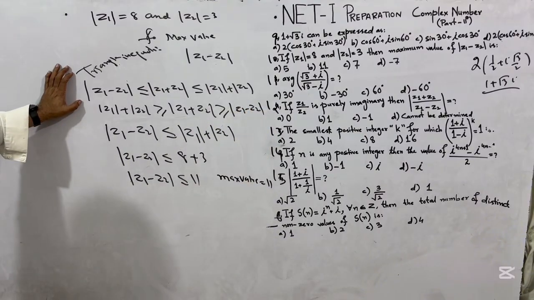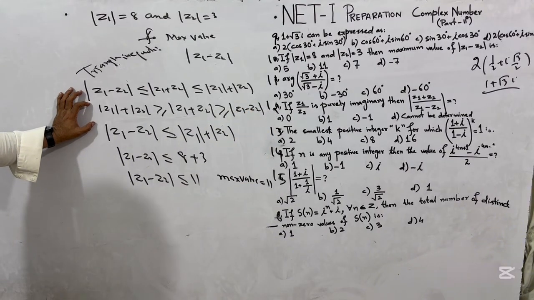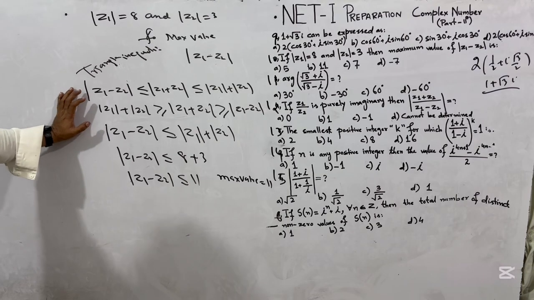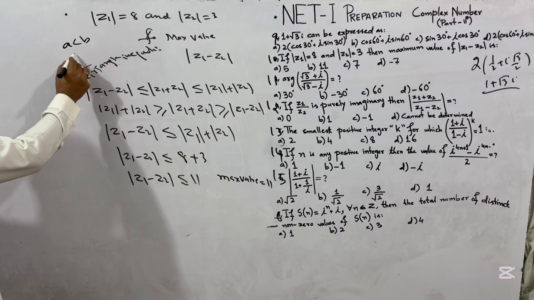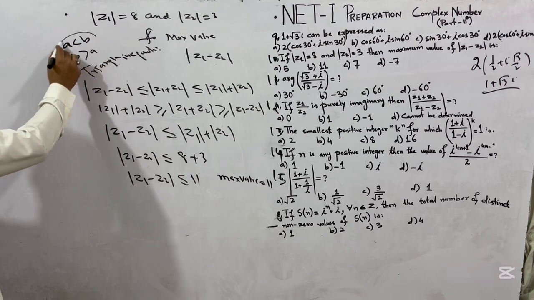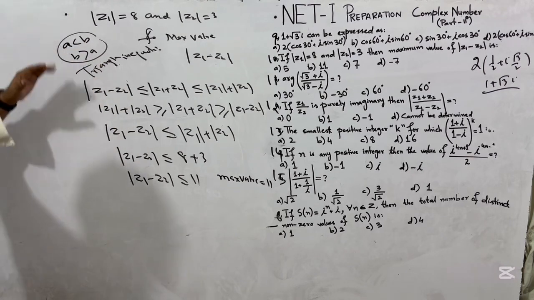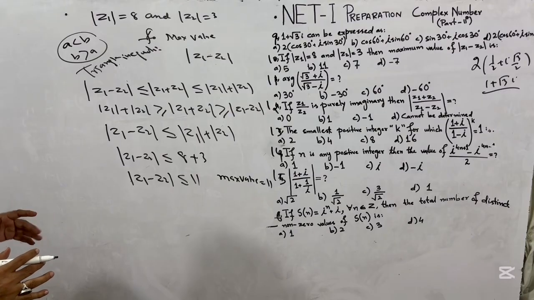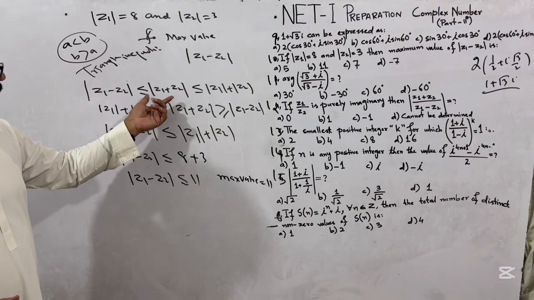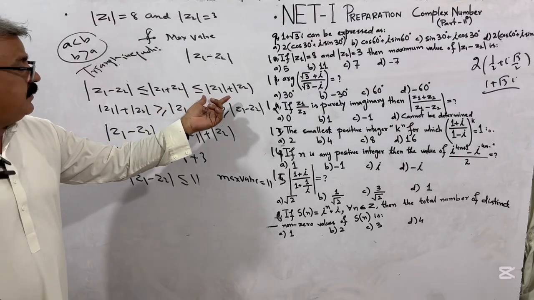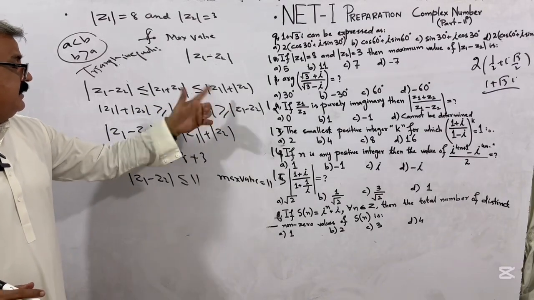Either write in that way, it's up to you. Both are correct. Like A is less than B, one can write B is greater than A. They are tantamount to each other, they are equivalent. Simply, the modulus of z1 minus z2 is less than the sum of the individual moduli.